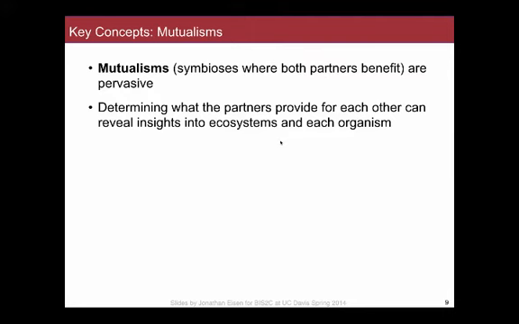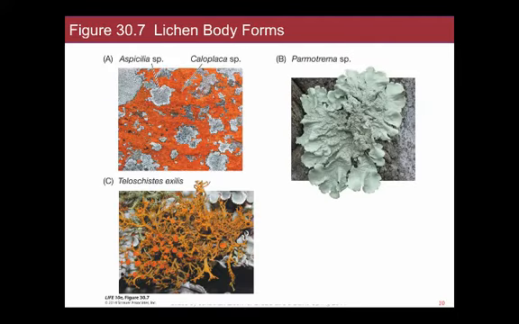It can be really helpful to understand the biology of the individual species as well as the biology of whole ecosystems to try and figure out what benefits the 2 or more partners in a symbiosis are getting from each other. And that's what I'm going to try and highlight with the examples we're going to talk about with symbioses involving fungi.